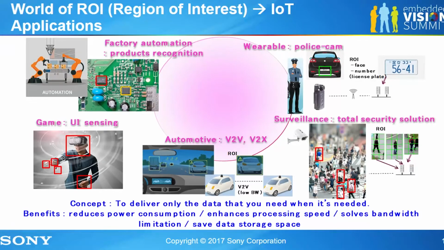The next is the main topic for today I would like to bring: ROI, or region of interest. Region of interest is common, maybe you know that, but it's a crucial key function or format for IoT or embedded vision systems. The common and famous application is, of course, factory automation.